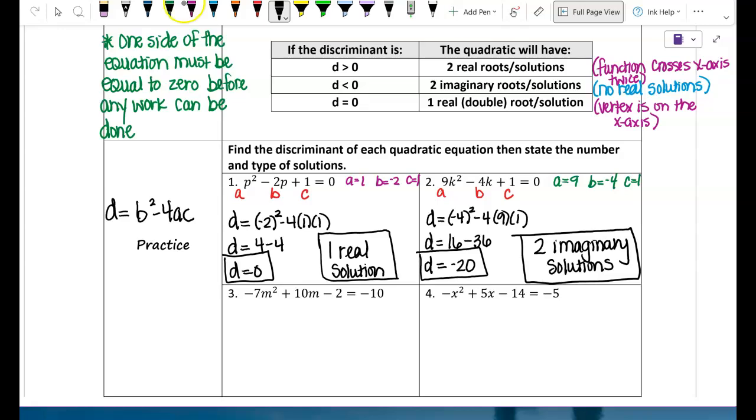And again, what this is telling me, if I have 2 imaginary solutions, is that this function does not cross the x-axis. And we will do more work later on.